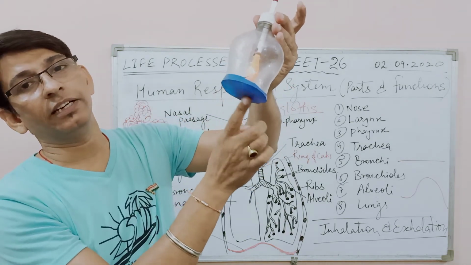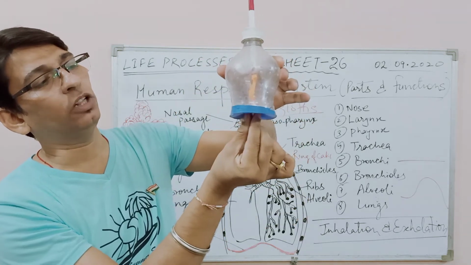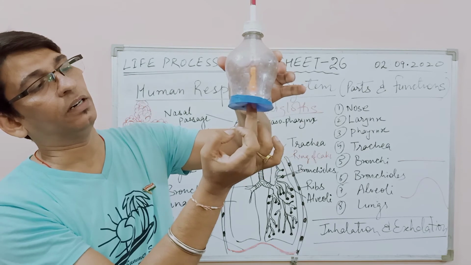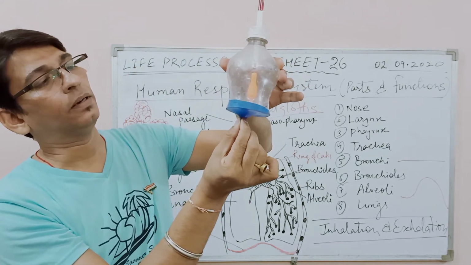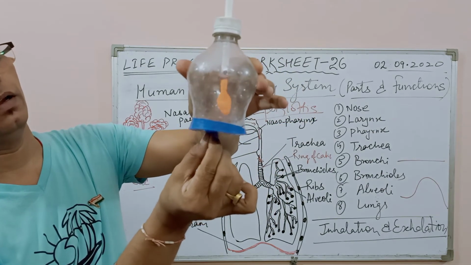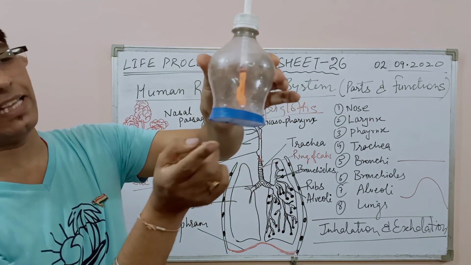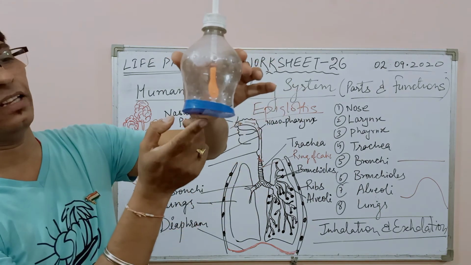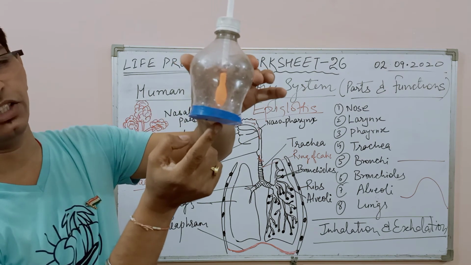This is the diaphragm. This is the thorax. Now when we pull the diaphragm downward, see, the air is blown in. You can see the balloon, the lungs, inflating. With the help of this model, you can understand the role of the diaphragm in inhalation and exhalation.